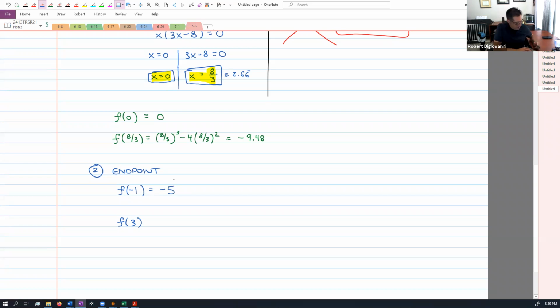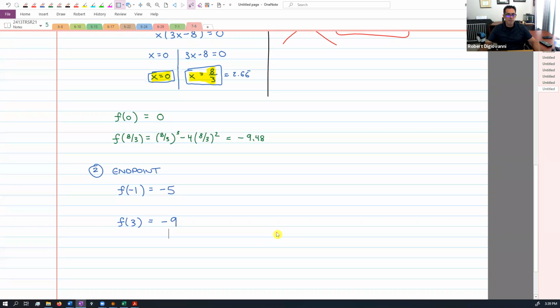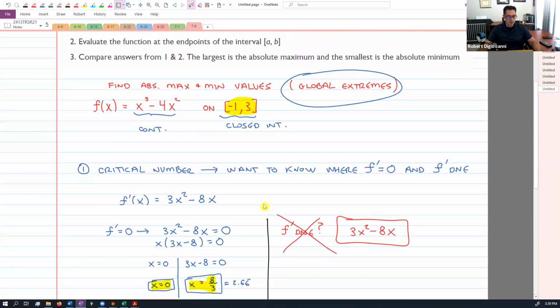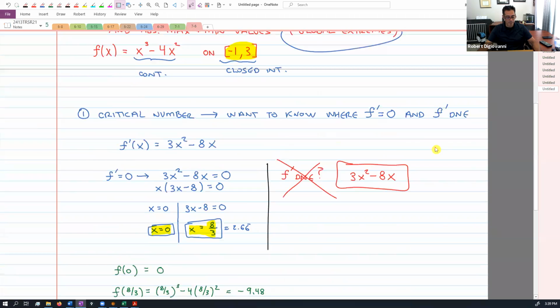You should get -5, and then I get -9. The last step is to compare the answers from parts 1 and 2. The largest is the absolute maximum, and the smallest is the absolute minimum.